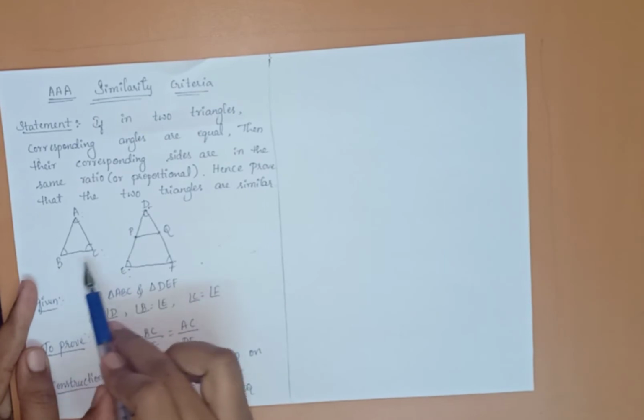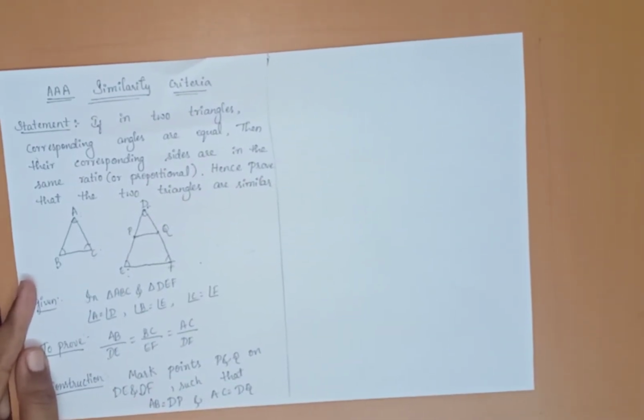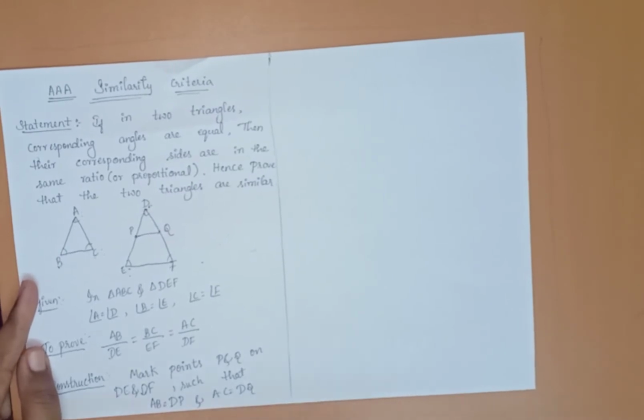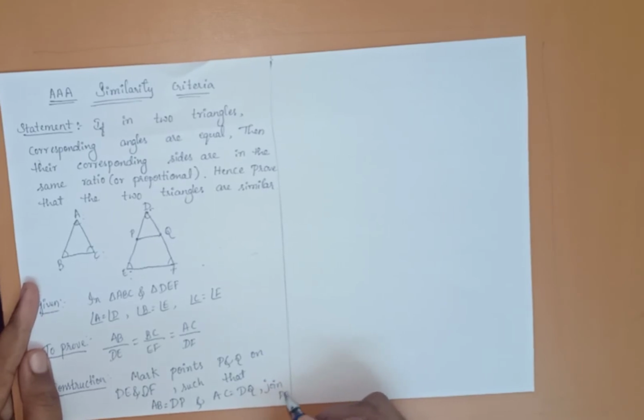But we can't say BC is equal to PQ, because we have not yet proved the bases are equal. Only two sides are equal. After that we will say join PQ.